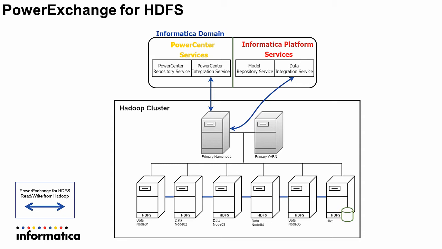The PowerCenter integration service loads data to HDFS using a primary name node, right? So effectively, Informatica is using HDFS APIs to make these calls. The integration service will say, hey, what's my name node URI? And you can specify it with the default port of 8020. The PowerCenter integration service will make that call and load data to the name node, right?